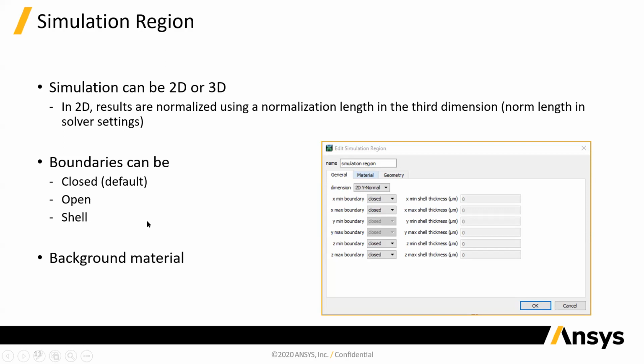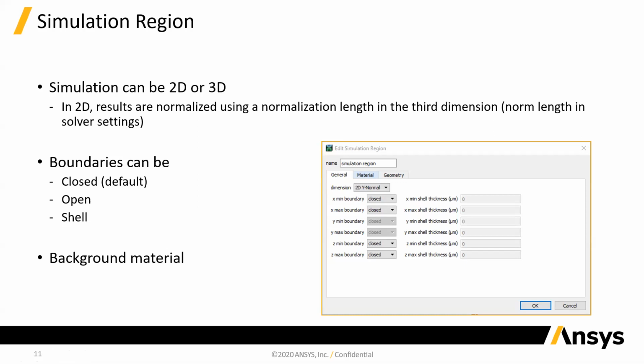And there are some very interesting features in the simulation region. For example, in the finite element environment, you can keep the boundaries closed, which gives you a rectangular prism type shape, say for 3D simulations, which is the standard. You can also choose the boundaries to be open. So if you keep a boundary open, then in that particular direction, your simulation volume is actually defined by your geometry.